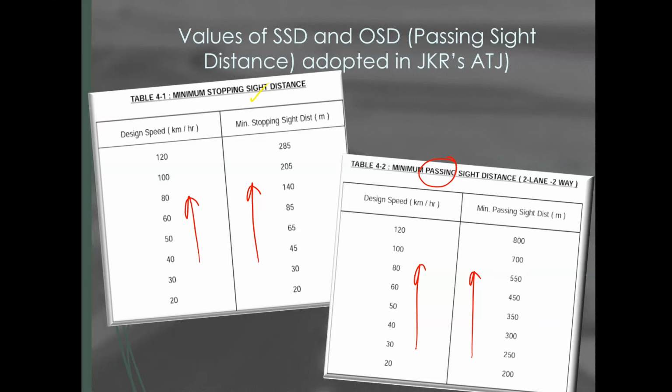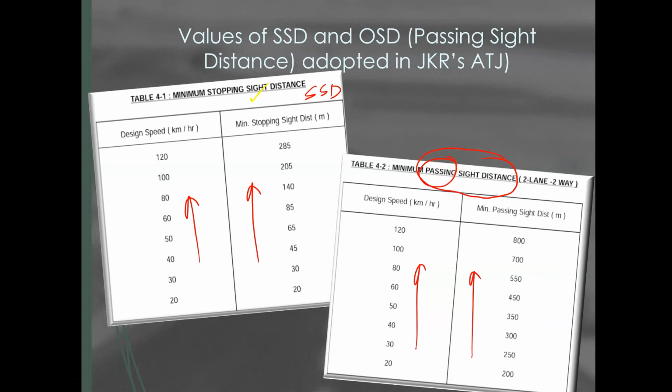But in most standards, the minimum stopping sight distance is the controlling factor, the main factor considered when designing a vertical curve, because using overtaking or passing sight distance will be uneconomical in many cases.